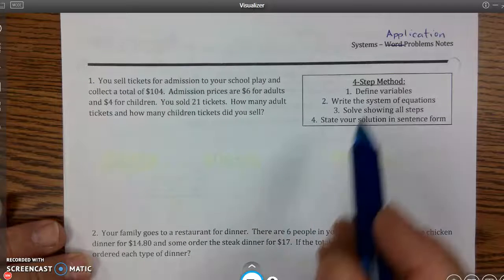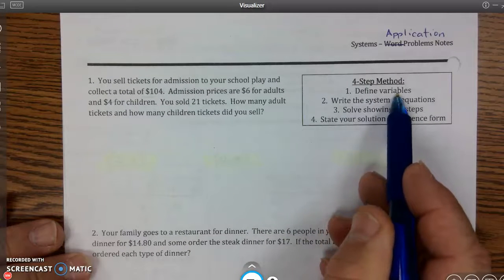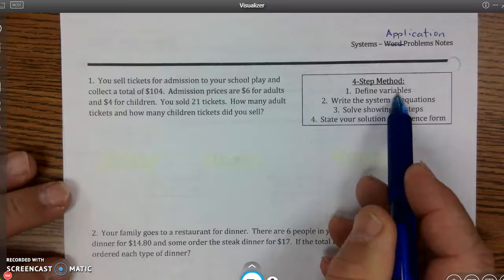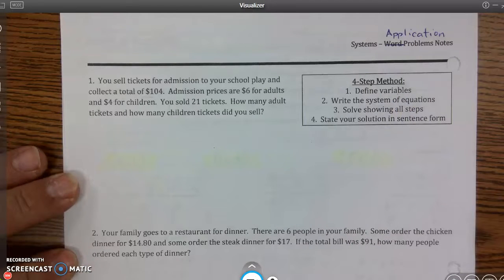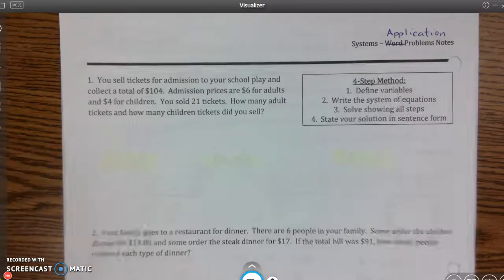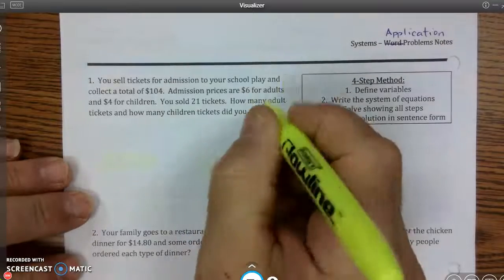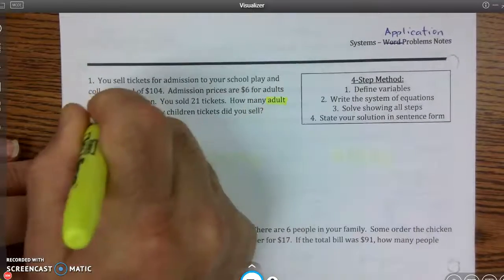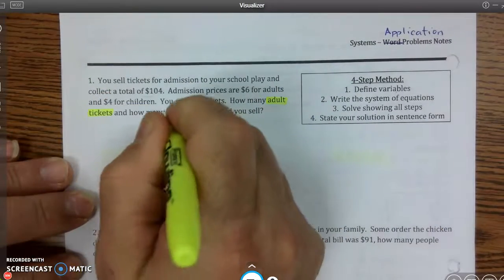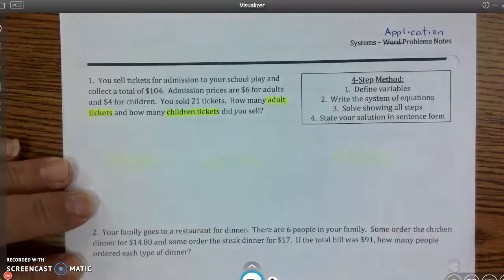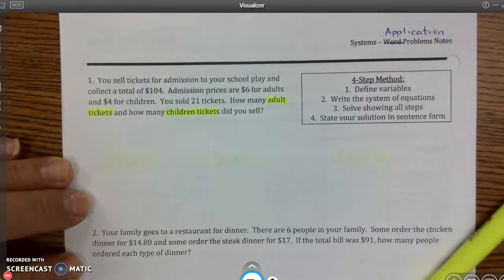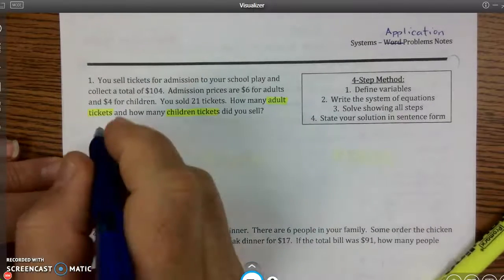Now, define the variables does not mean look up the word variables in the dictionary. What it means is you're going to look at the question where it says how many adult tickets are you going to sell and how many children's tickets are you going to sell. Those are the variables that we're trying to solve for.